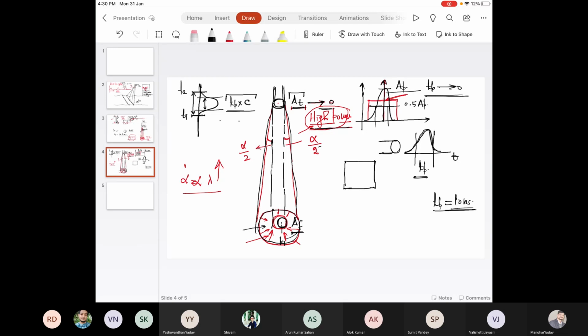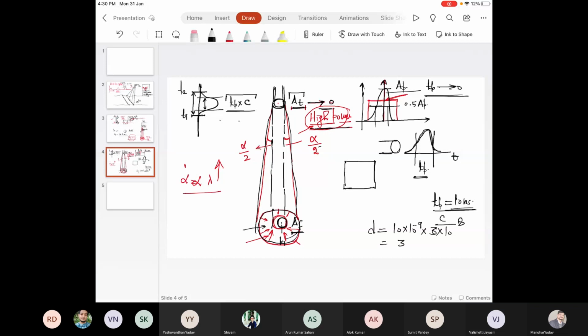Who will tell me? If this pulse is moving at the speed of light, then the pulse length D is 10 into 10 to the power minus 9, speed of light 3 into 10 to the power 8. Sorry, this is 3.